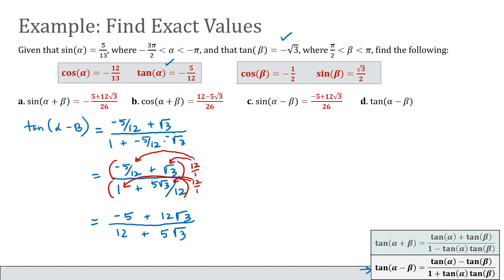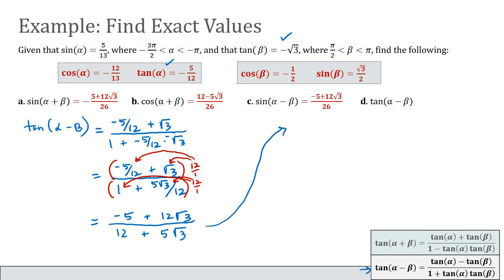So what oftentimes instructors or math books will ask you to do is rationalize that denominator. And the way that we can rationalize a denominator that is a binomial is by multiplying it by the conjugate.